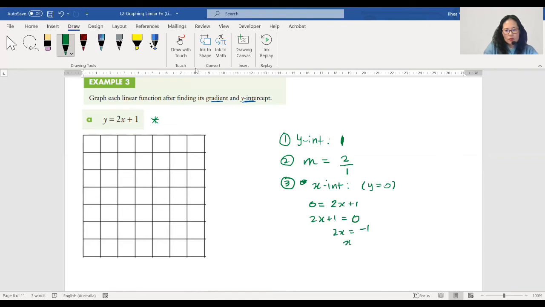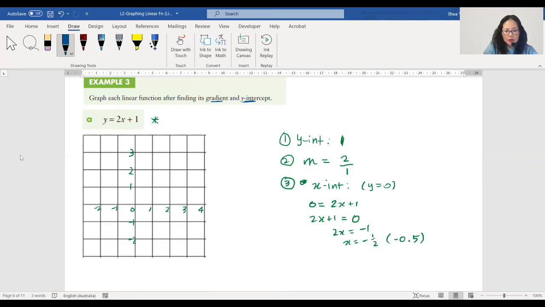And x equals minus one half. Now that just means minus 0.5. So let's see. Let's say 3, 2, 1, 0, minus 1, minus 2. And then 1, 2, 3, 4, minus 1, minus 2.